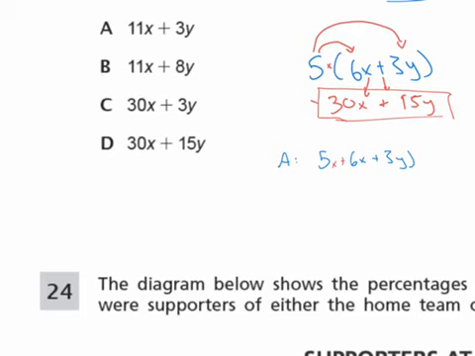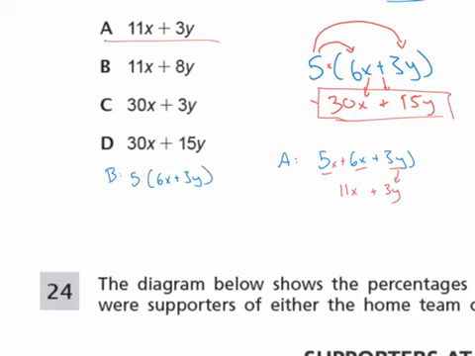So like 5x plus 6x plus 3y, and these are like terms, so we get 11x. I don't see any other y's, so we can just pull it down to plus 3y, and then hooray, 11x plus 3y. That's wrong because this person did not realize that parentheses means altogether, and had no clue that a number next to something meant you have to multiply it.